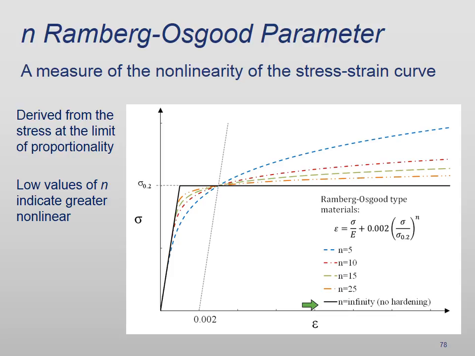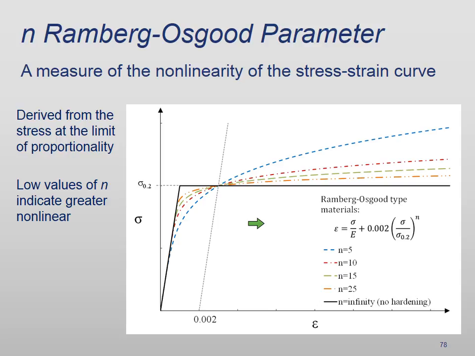And then the curves in red and green, etc., they show materials that have decreasing values of n. So you can see here the blue curve has an n value of 5. So as n decreases, so the nonlinearity increases. And this behaviour is all defined by the Ramberg-Osgood model.